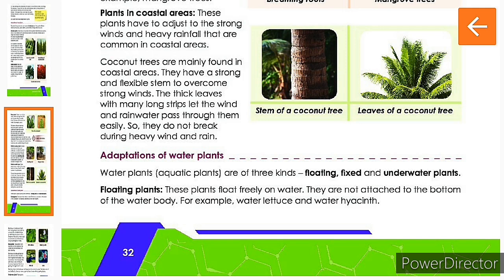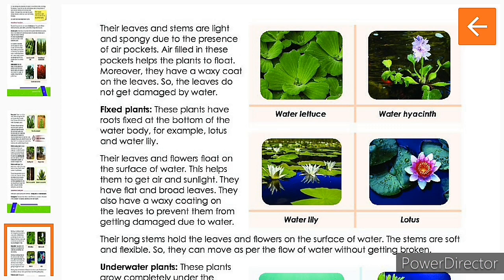They are not attached to the bottom of the water body, which means their roots and stems are not attached to the bottom. For example, water lettuce and water hyacinth.